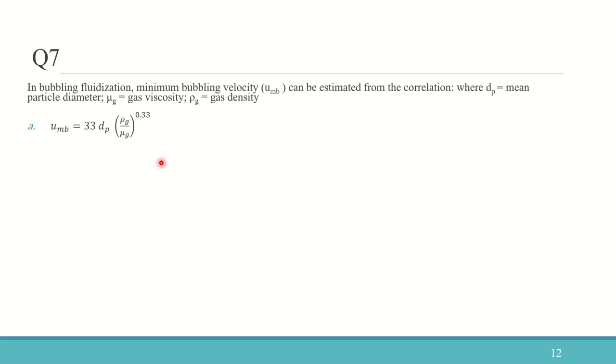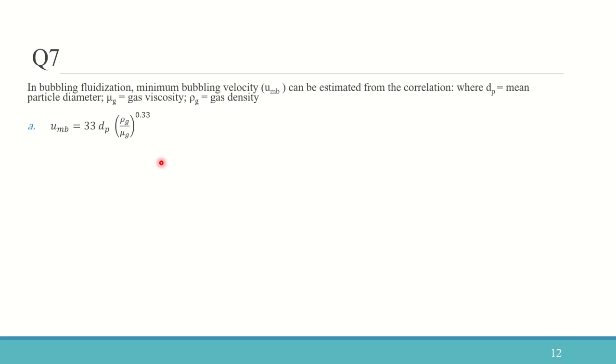The question is about finding the minimum bubbling velocity correlation, where the particle diameter is dp, gas viscosity is mu g and rho g is the gas density. So given are dp, mu g and rho g, so we'll first look at the options.